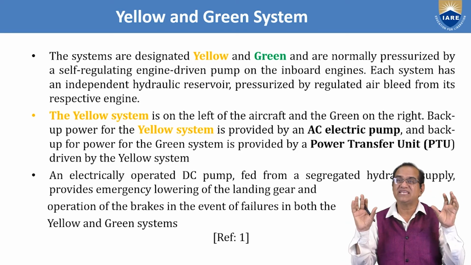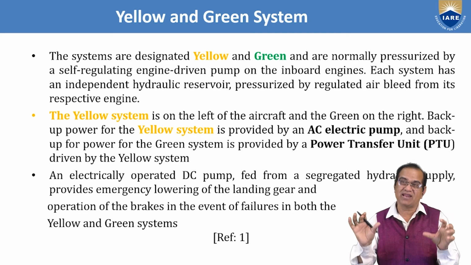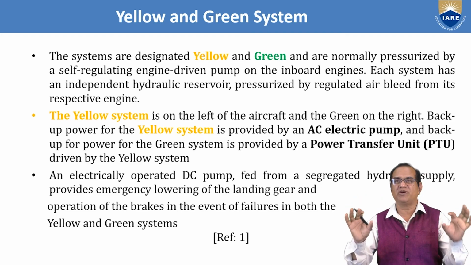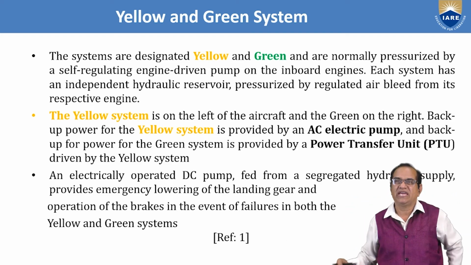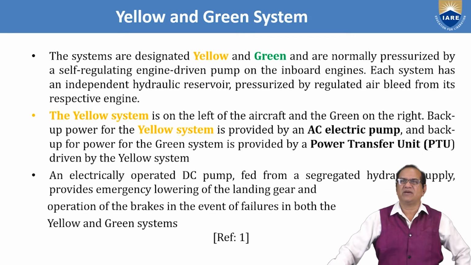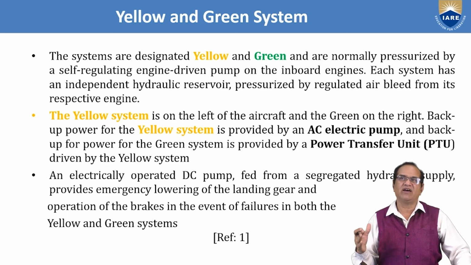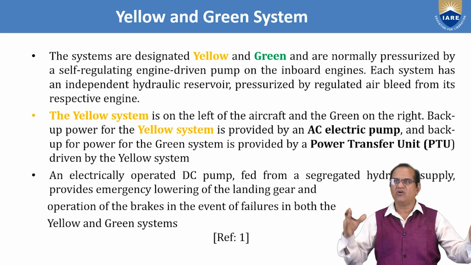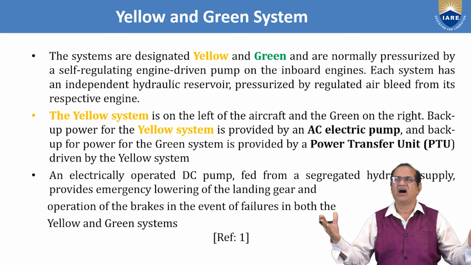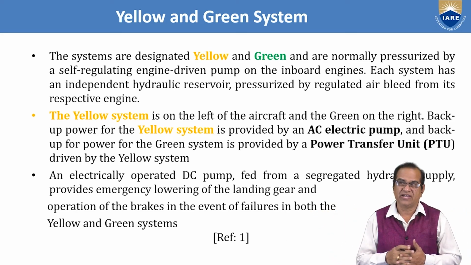This color marking is also given on each pipeline, each pump, and all the equipment by a strap: a yellow strap and a green strap. The yellow system is on the left side of the aircraft and the green system on the right.